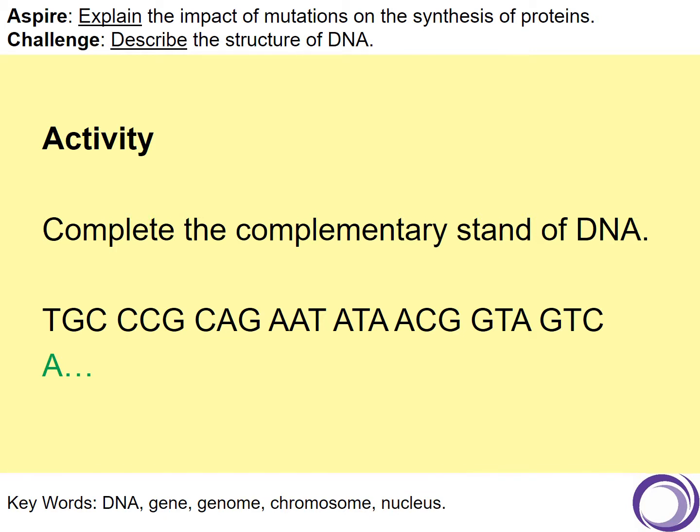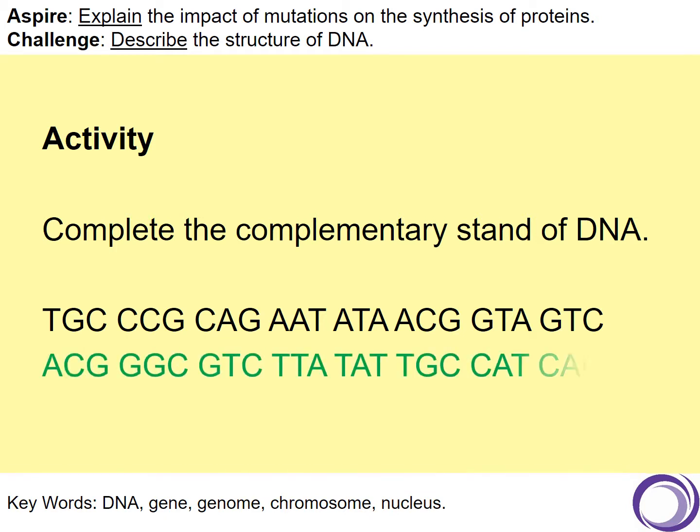So the first one was given, it was an A, because you were given T, and A always pairs with T. Then we had G, so it must be a C. Then we had C, so it must be a G. So the first amino acid, the first 3 base pairs are AT, CG, and GC. The second amino acid then, you were given CCG, and you should have come up with GGC.